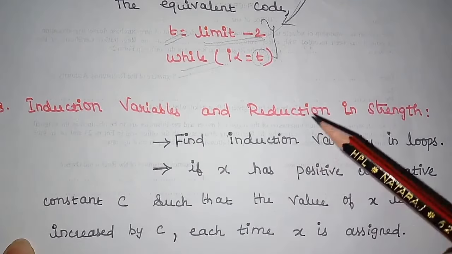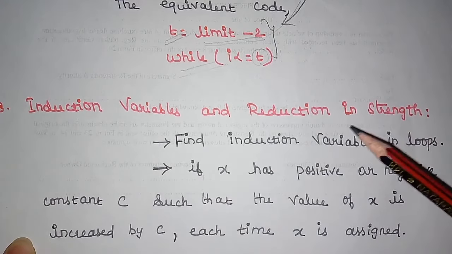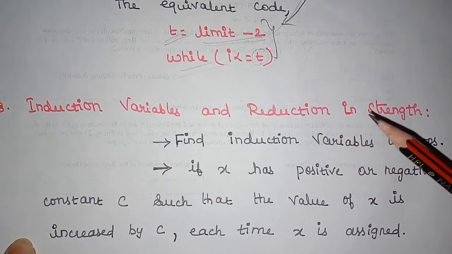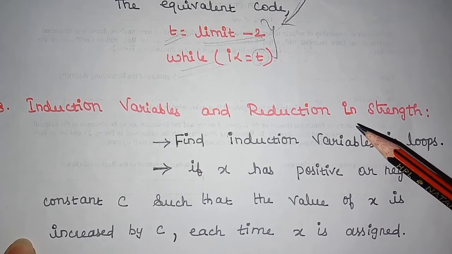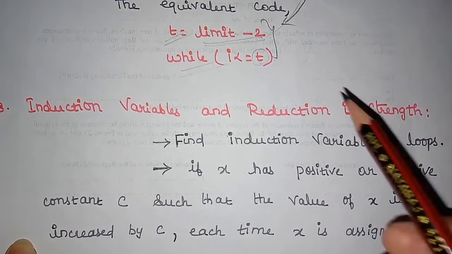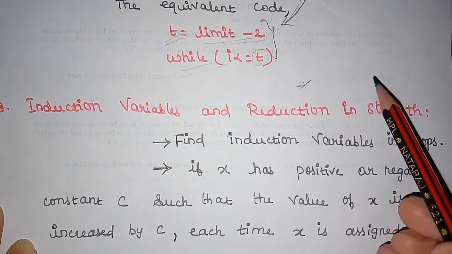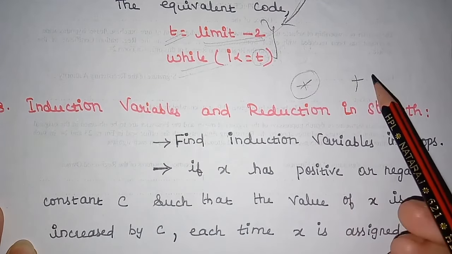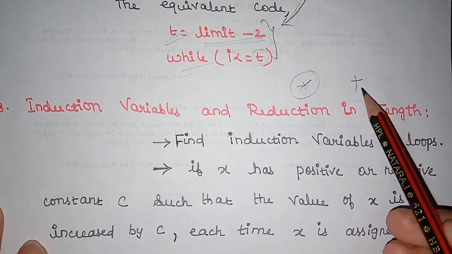And the next one is reduction in strength. Reduction in strength, or strength reduction, means transforming or replacing an expensive operation by a cheaper operation. For example, when we are replacing multiplication with plus, multiplication is considered an expensive operation and plus is considered a cheaper operation.